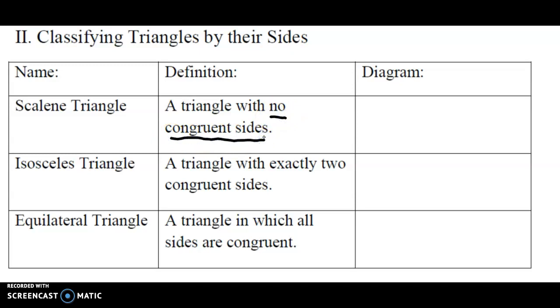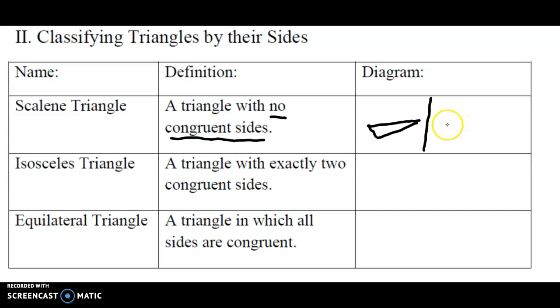I'm going to draw two scalene triangles for you because I want to show you the different ways that you might see them marked. For the first one, you want to try really hard, to the best of your abilities, to draw two sides that are different lengths, and then hopefully the third side is also a different length. The first way you would see it is a triangle with absolutely no markings on it. If there are no markings on it at all, that would be a scalene triangle.